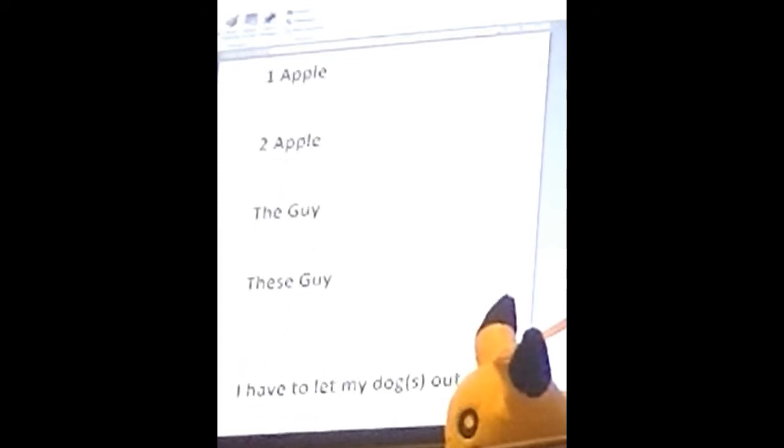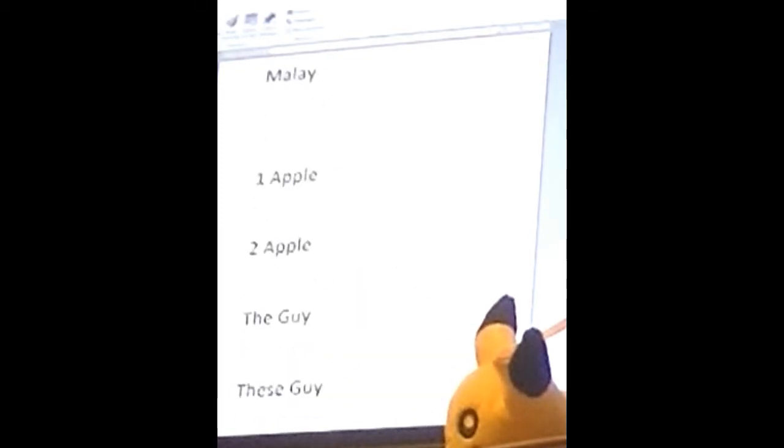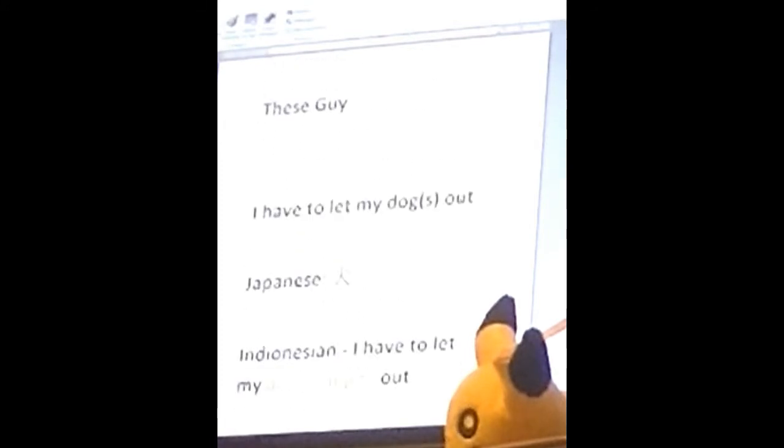But yeah, that's not always that easy, because, of course, if someone says, "I have to let my dog out," and he has more than one dog, you would not know that he was talking about more dogs, because "I have to let my dog out" is correct English, but "I have to let my dogs out" is also correct English. So this sentence can be both singular and plural, depending on whether you say the S or not.